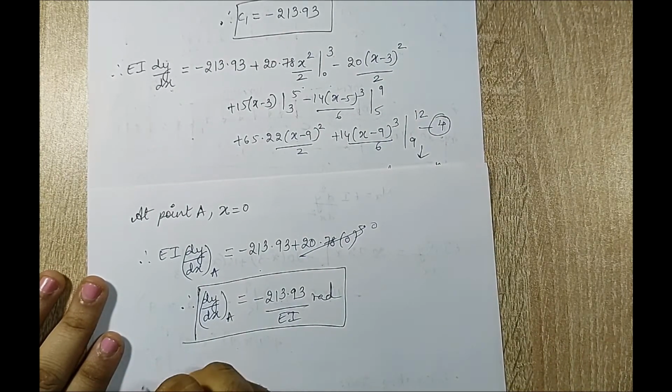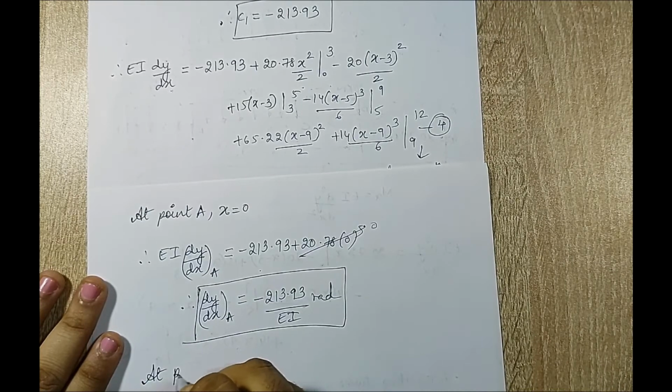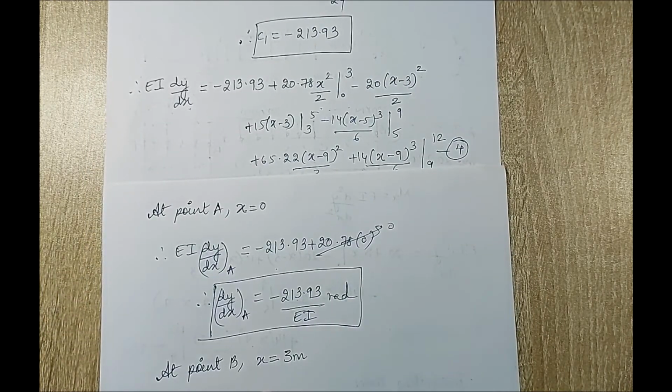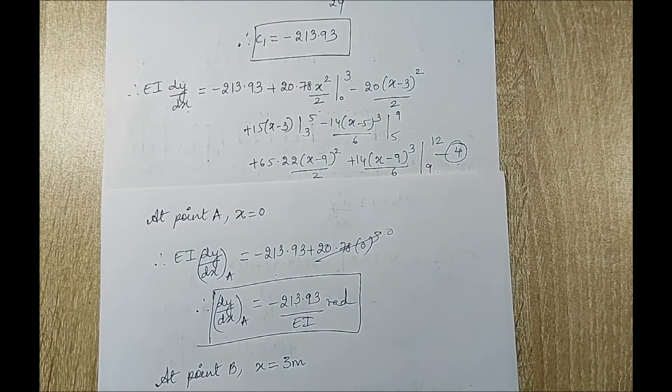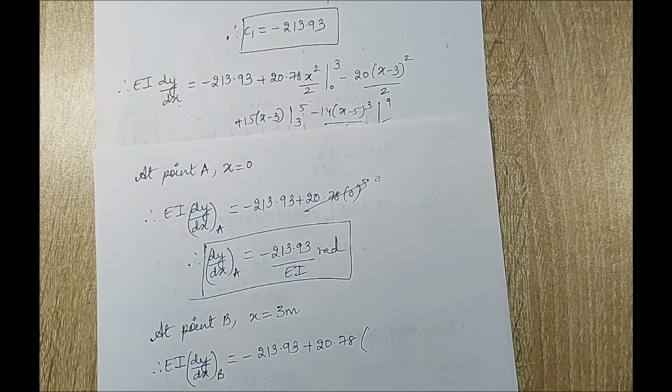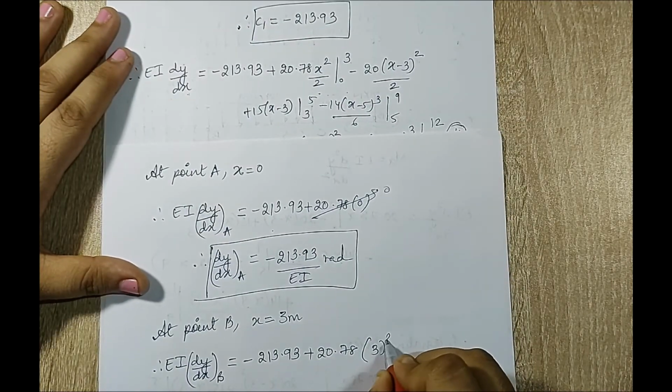Next, I'll calculate the slope at point B. So at point B, the value of x is 3 meter. So when I substitute here, I'll get therefore EI dy by dx at B equal to minus 213.93 plus 20.78 into the value of x is 3, so it will be 3 square by 2.